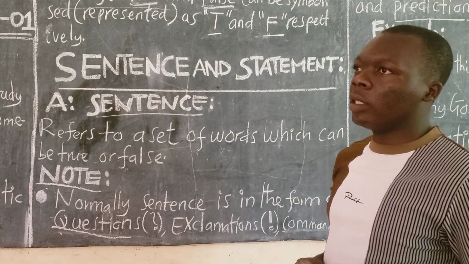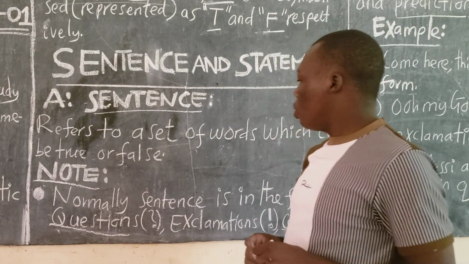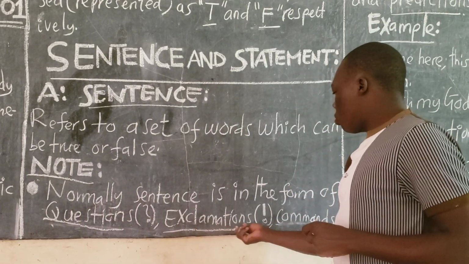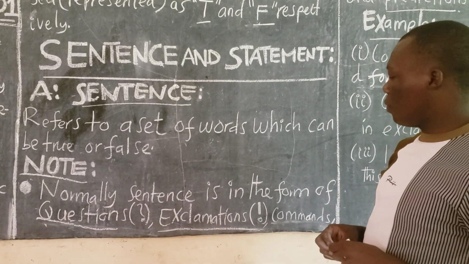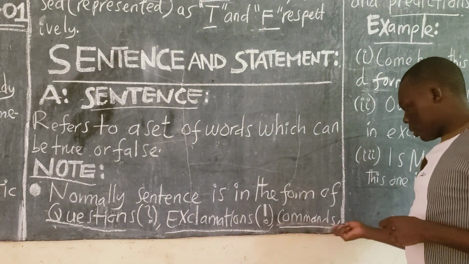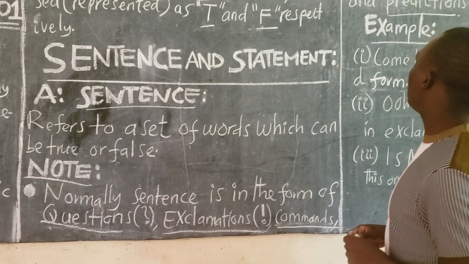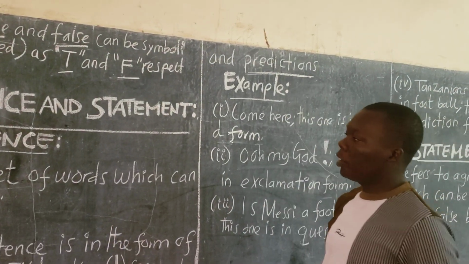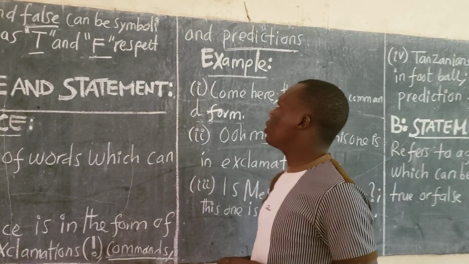So in logic, a sentence might be in the form of a question, but also it can be in the form of an exclamation, or in the form of commands, or also in the form of a prediction. That is the indication of sentence in logic.